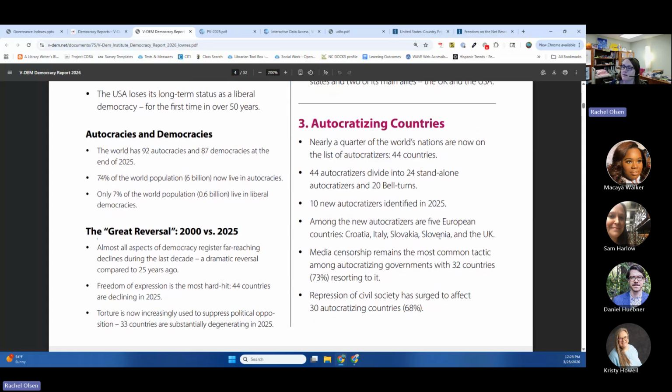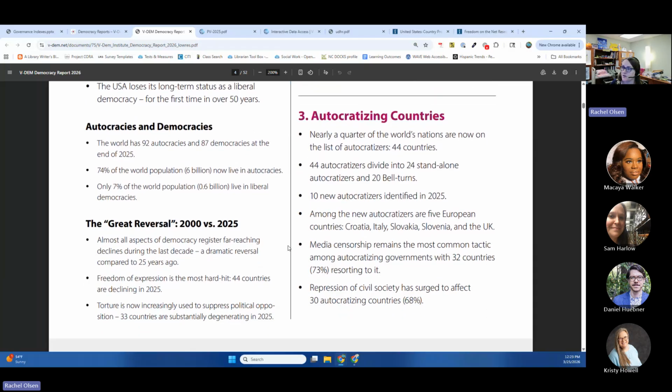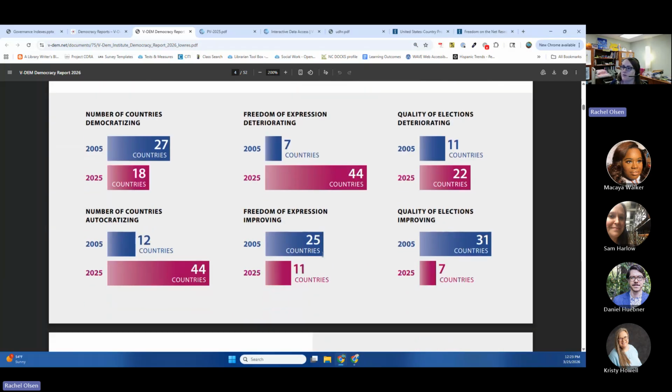So some of their biggest observations, again, this is VDEM, Varieties of Democracy, they are noticing a shift toward autocracy worldwide, in countries that were previously thought to be moving toward democratization. They are now seeing a shift toward autocratization, and that's not just in one or two countries, that is happening worldwide.